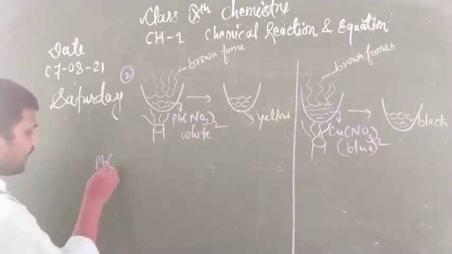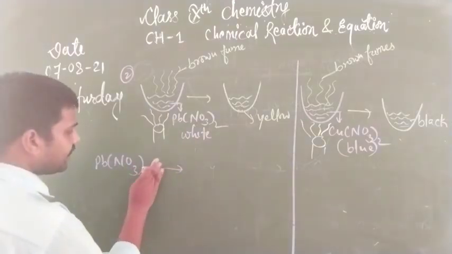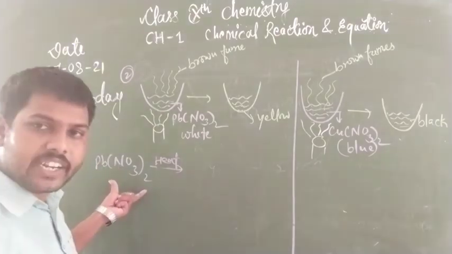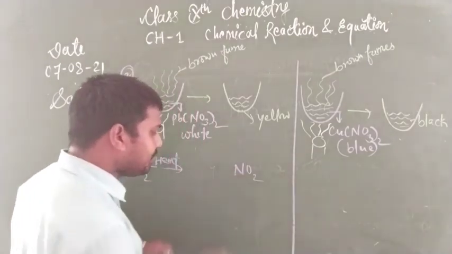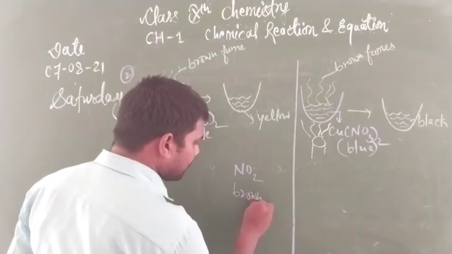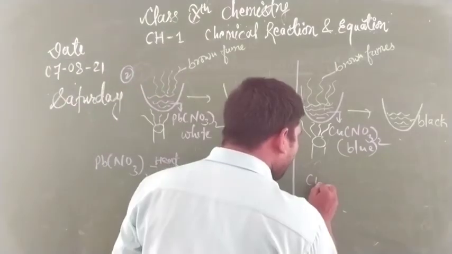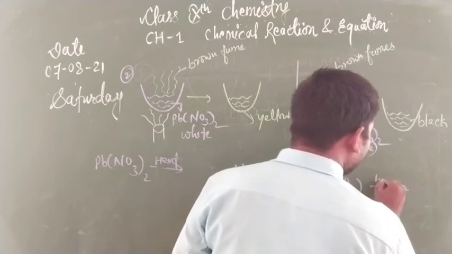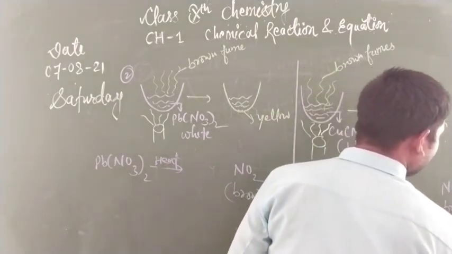When lead nitrate is heated, it evolves nitrogen dioxide gas which is brown in color. In the same way, when copper nitrate is heated, it also gives nitrogen dioxide gas which is brown in color.